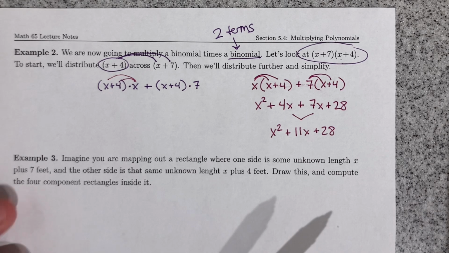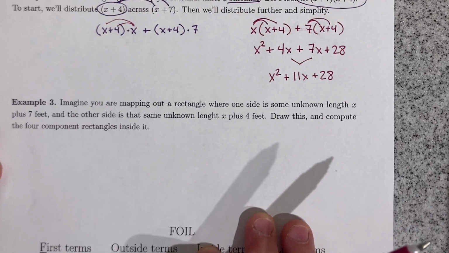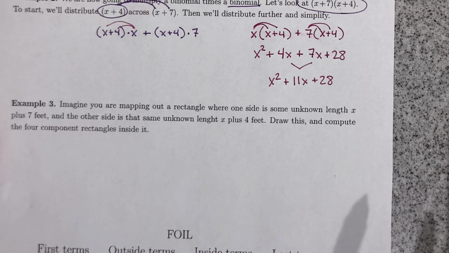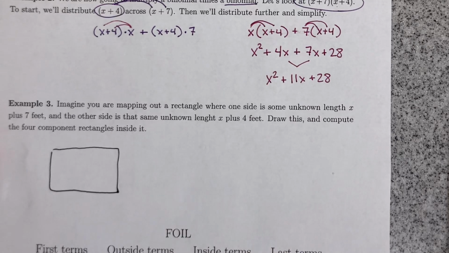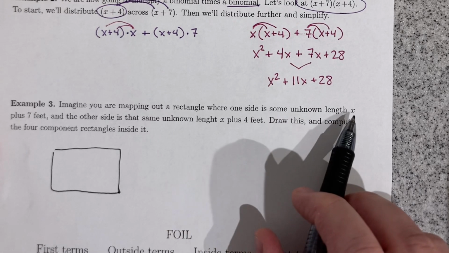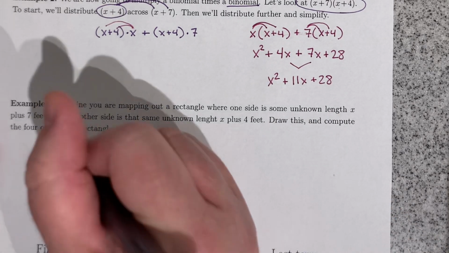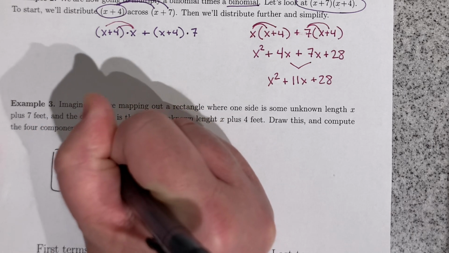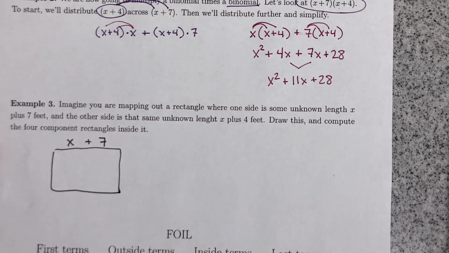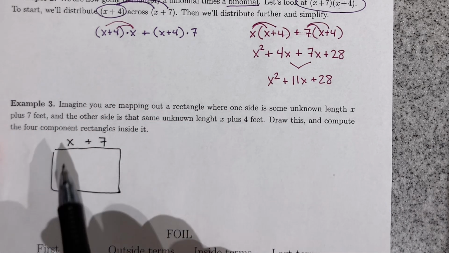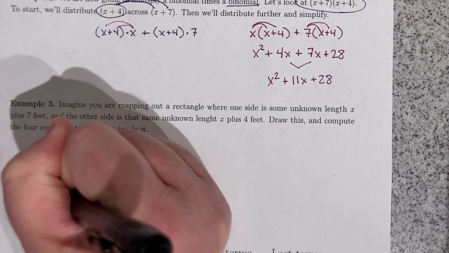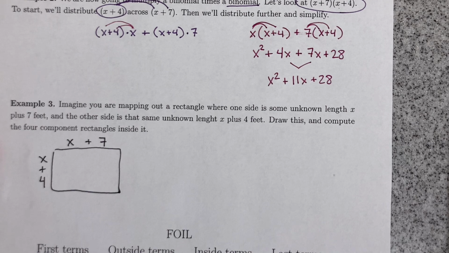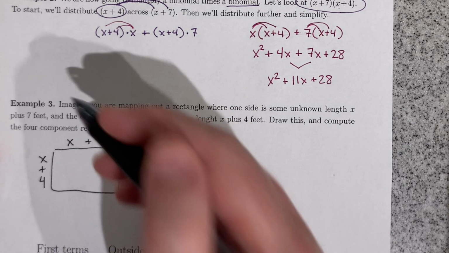So example 3 says, imagine you are mapping out a rectangle. Sounds like I should probably draw a rectangle. Okay, lovely. Where one side is some unknown length x plus 7 feet, and the other side is x plus 4. Then it says 4 component rectangles.